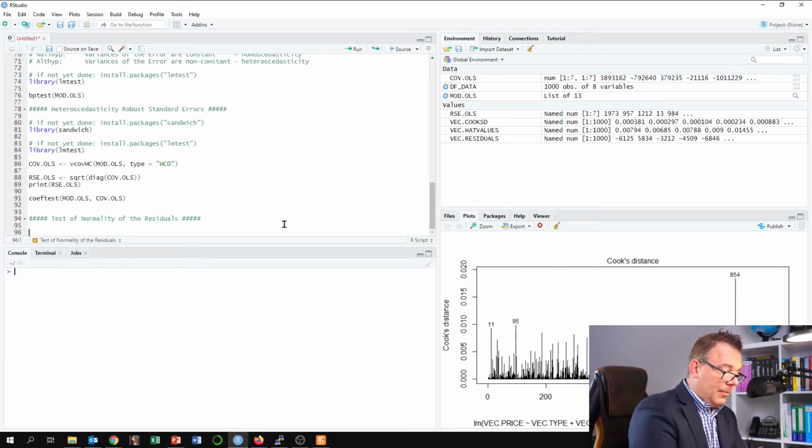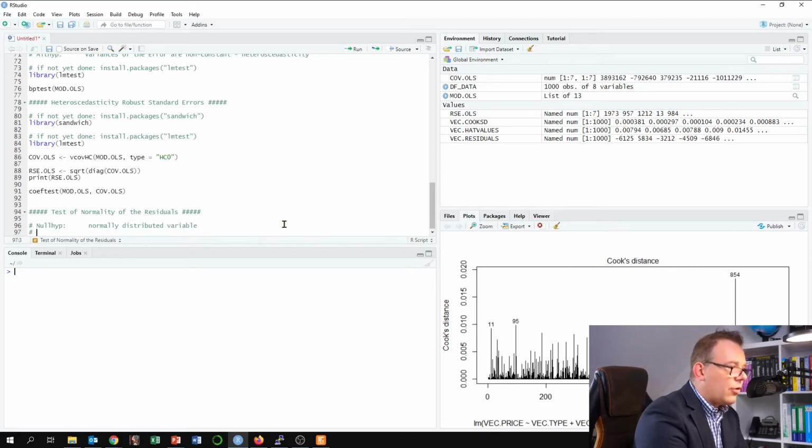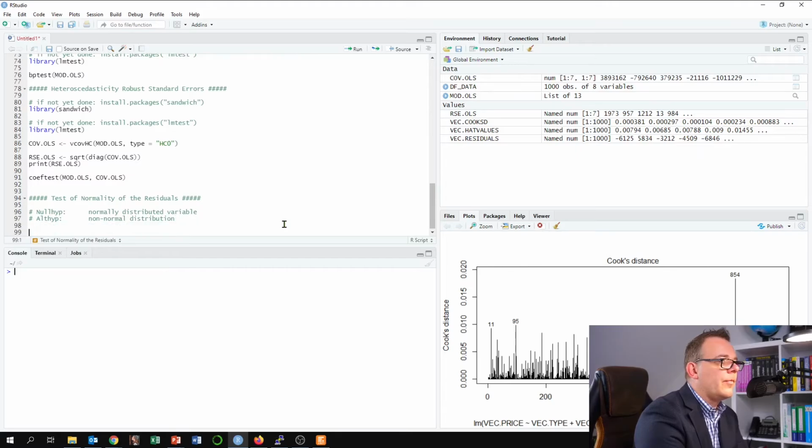Well, all tests that I would like to show have the null hypothesis of a normally distributed variable. The alternative hypothesis here is non-normal distribution. So they have all that in common.